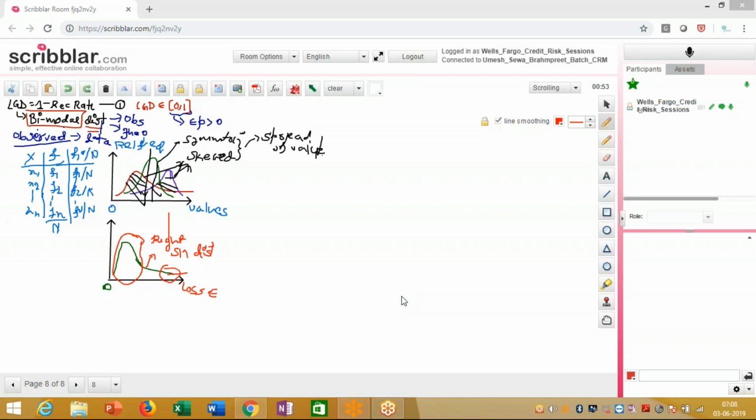And the more heterogeneous the data is, the more skewed will be the distribution. So this is something that we need to understand.